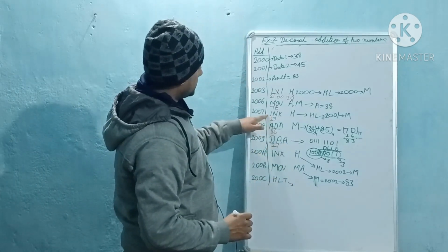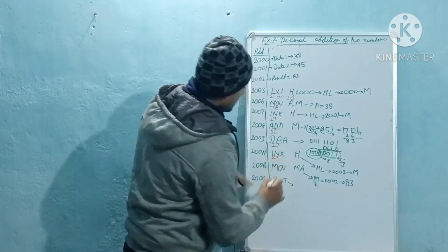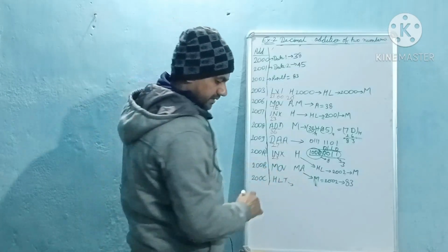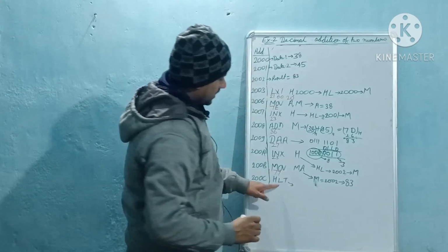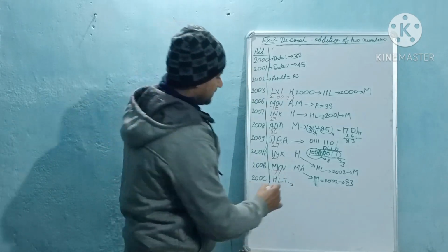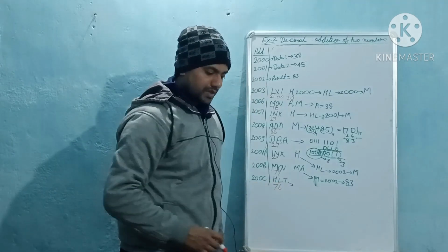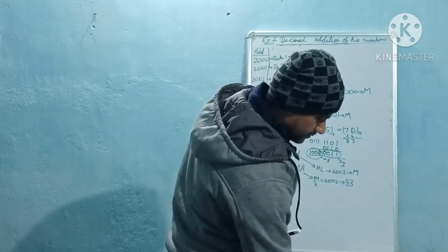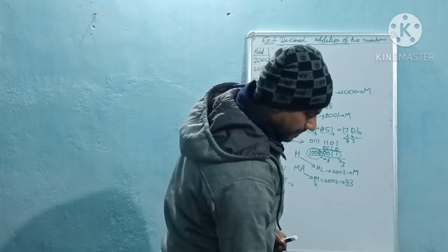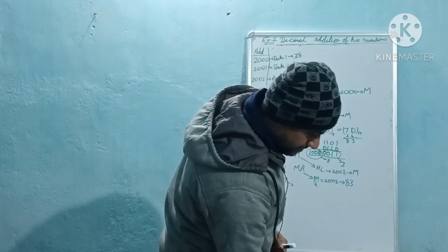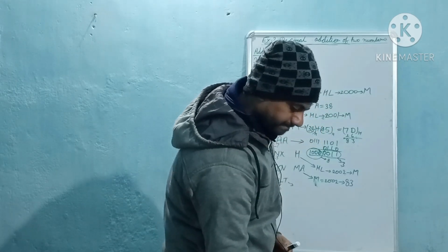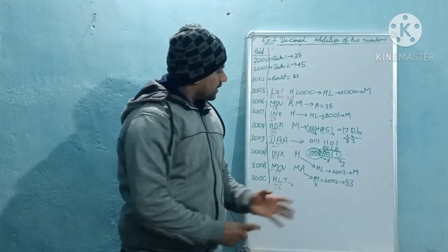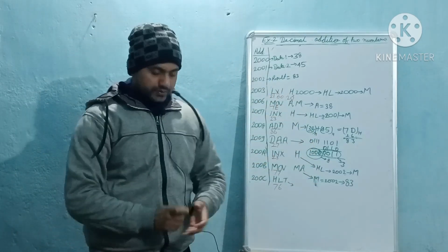Then again INX H, same code 23. For MOV M, A we have 77, and for HLT we have 76. I think these are the corresponding hex codes, and this is the whole program for the second experiment.